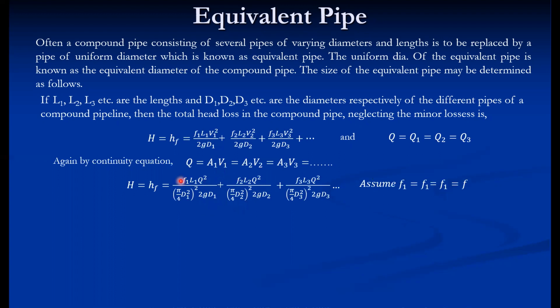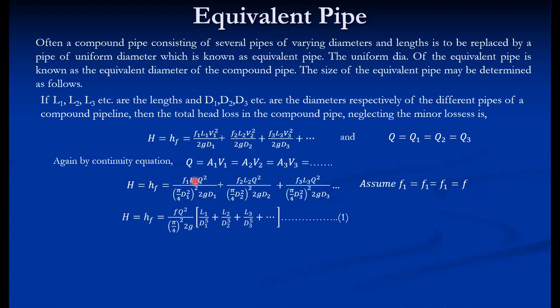Now, if all the pipes are made of the same material, then we can consider f1 equal to f2 equal to f3, that is equal to f. This is a printing mistake, this is f2, f3. So instead of f1, f2, f3, we can call it f. So we take common terms out of the bracket: f is common everywhere, then Q square, then pi by 4 square and 2g are common.